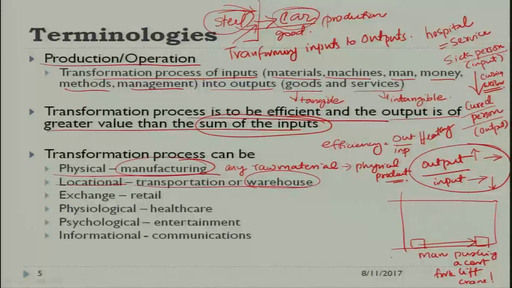This also involves energy. So changing the location of a product or a good is also a transformation process, and since we are expending energy there too, the concepts of sustainable manufacturing are applicable.